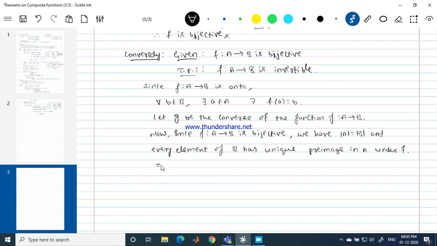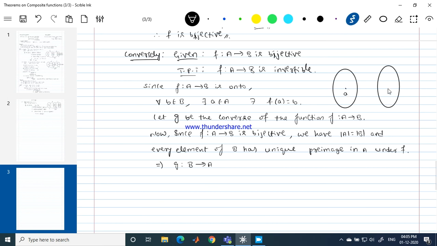So this implies g is a function from B to A. What does it say? If f is a function from A to B and you write the converse of this as g, since the number of elements in A and in B are the same, every element of B has a unique preimage in A under the function f.